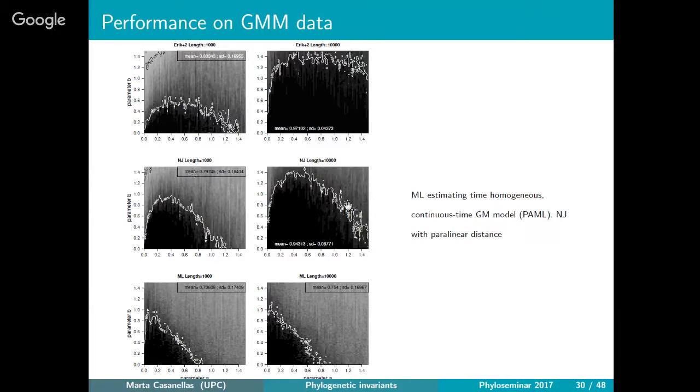And we let NJ be with a paralinear distance. In this case, maximum likelihood, of course, performs worse because the model it estimates doesn't fit the model that simulated the data. And our method keeps working well for a big number of sites, 10,000 sites, okay?